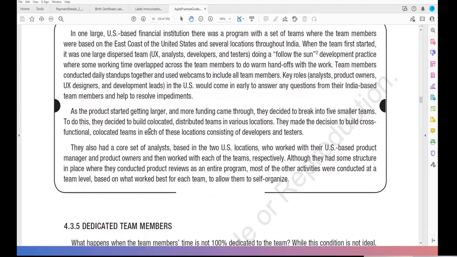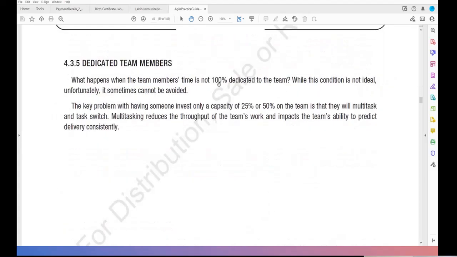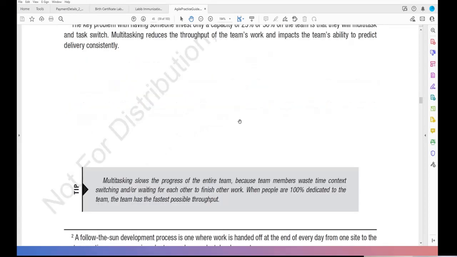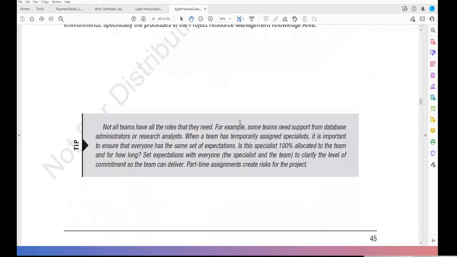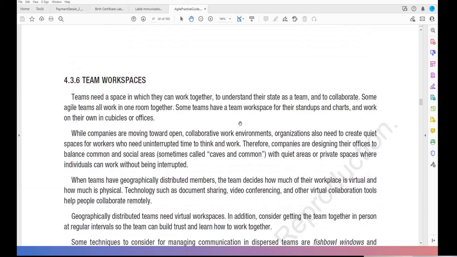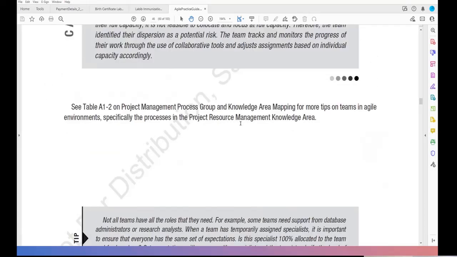Okay. And then dedicated team, that means those who are 100% on the team. And we get 1 minute for one question to read. So you will get 210 minutes, and there will be 3 sections. Each section consists of 60 questions.